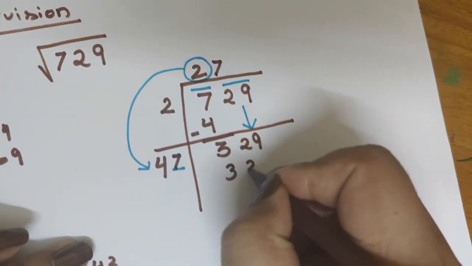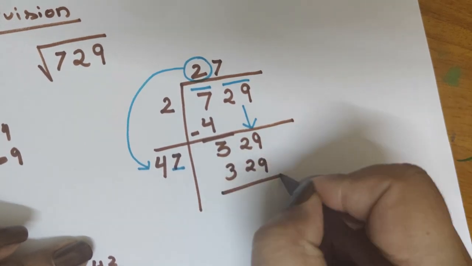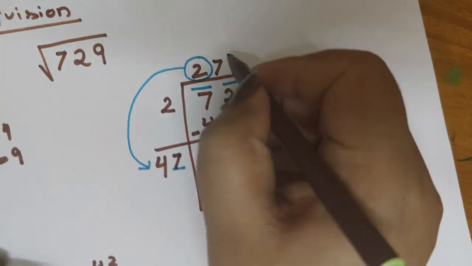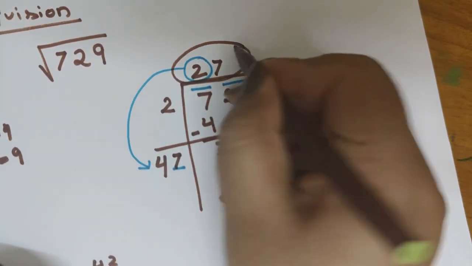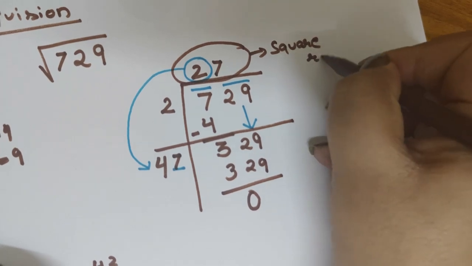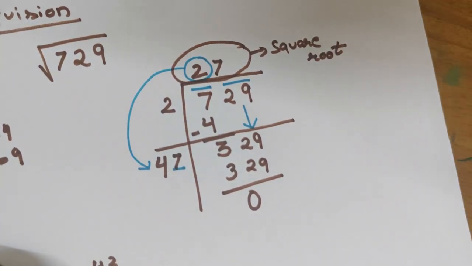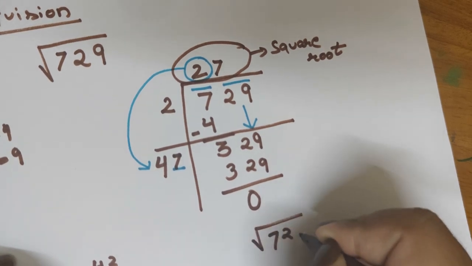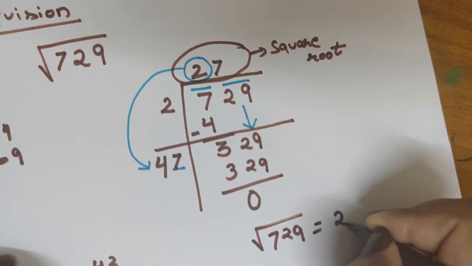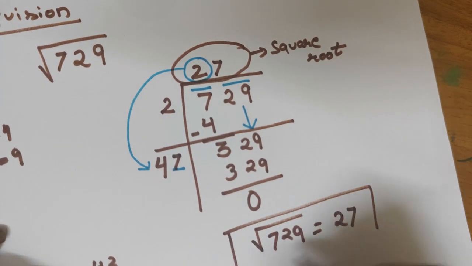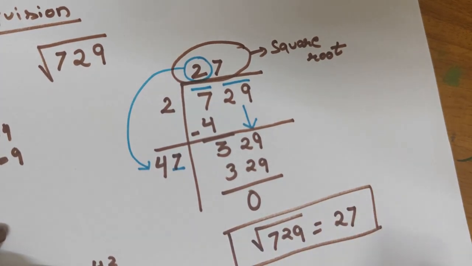Now the remainder is 0, and this number is our square root. Hope this is clear. It means the square root of 729 is 27.